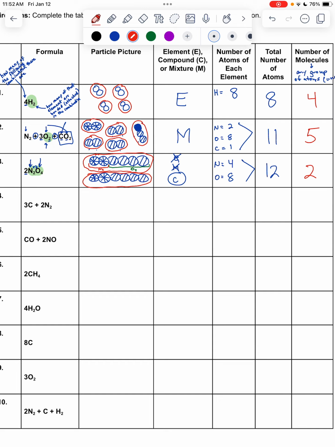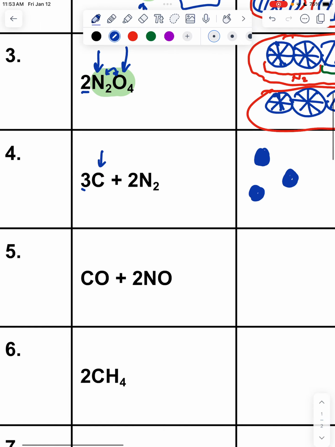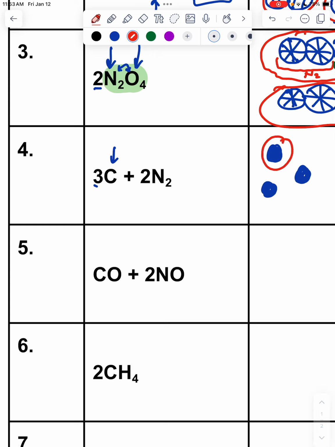So roll through this. Again, be careful with things like C over here. Now, this is not attached to anything, so it's just C by itself. And how many of those C's do you have? Well, that 3 in front tells me they're not connected. There's just that many of them, right? And notice, these are not groups.